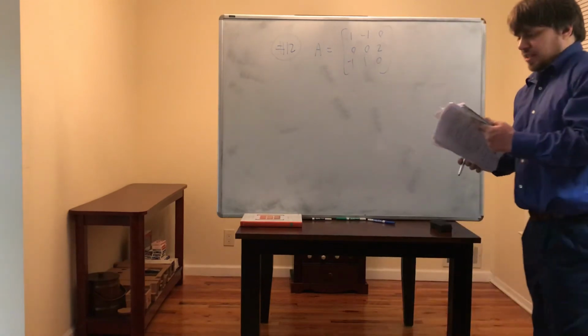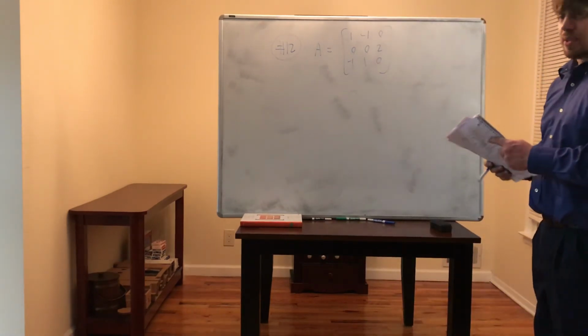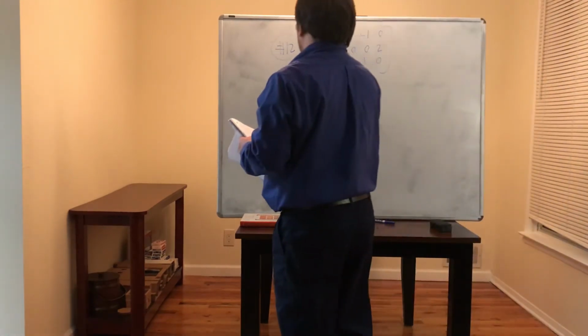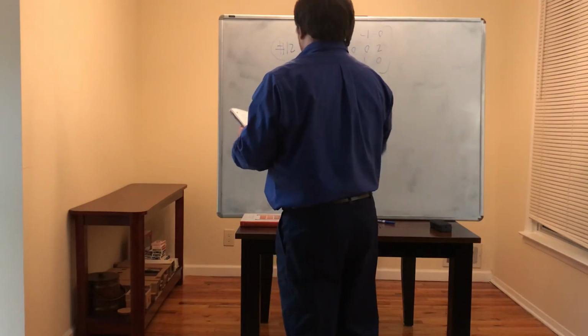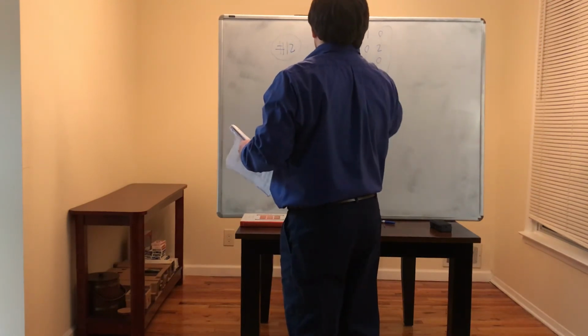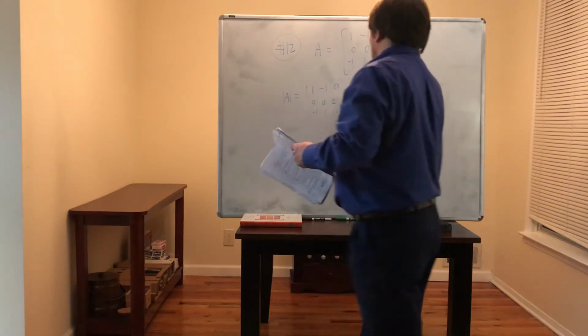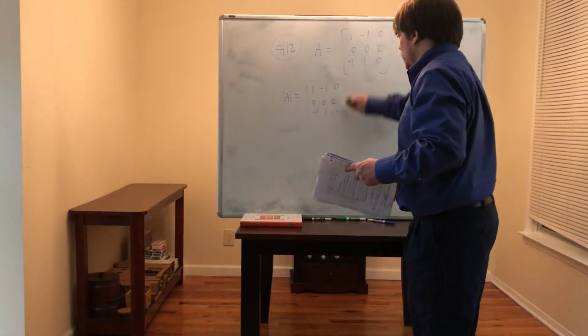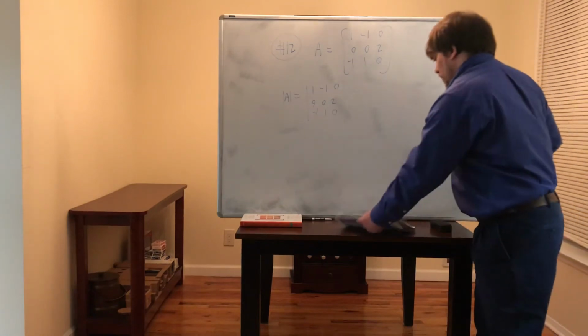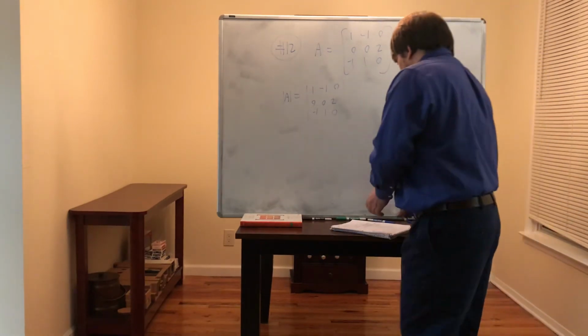This is example 12 in 8.3. So we have this A. If we find the determinant of A, we're finding the determinant of this matrix.